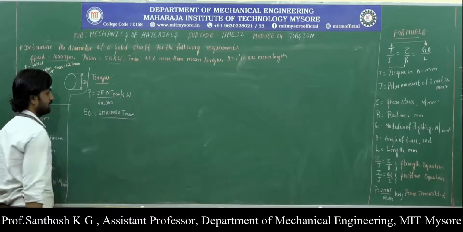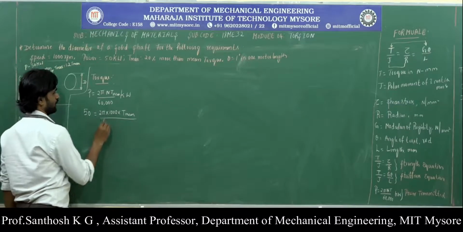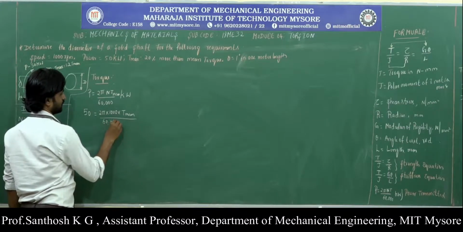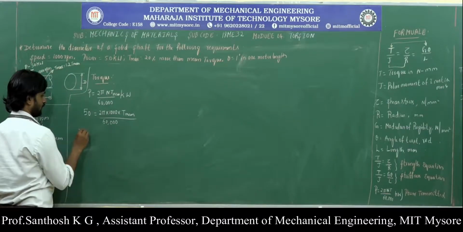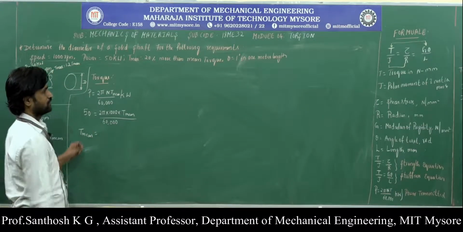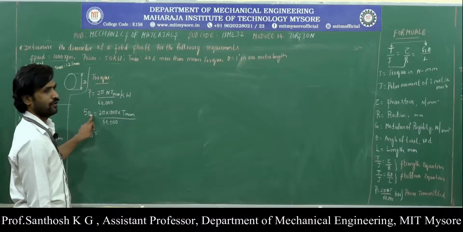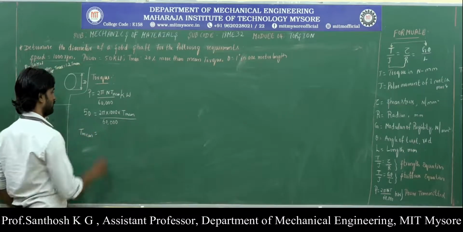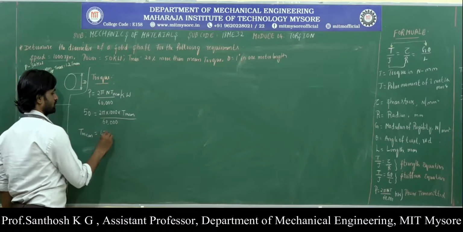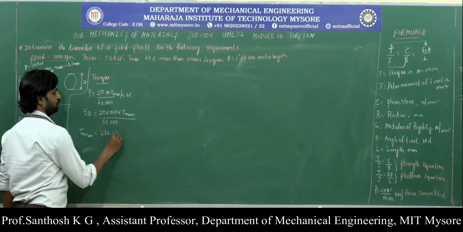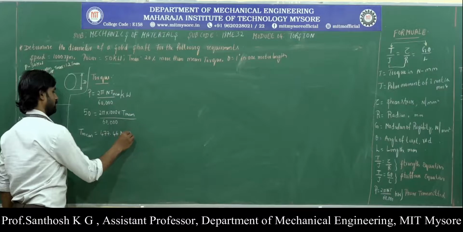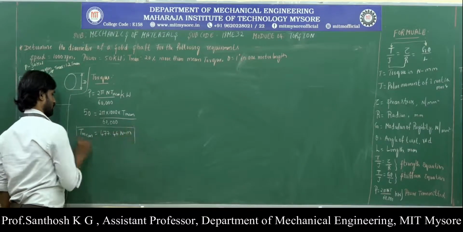So, we can write it as T mean divided by 60,000. So, here the only unknown is T mean. If you solve this equation, you will get the value of T mean, and it will be equal to 477.46 Newton meters.